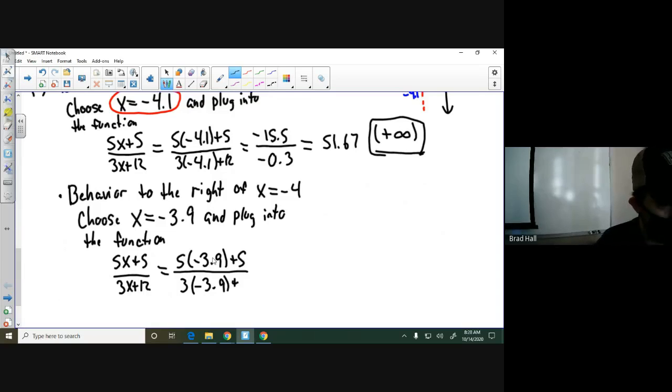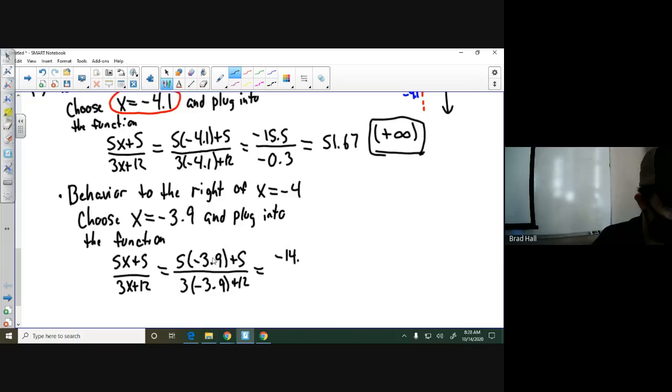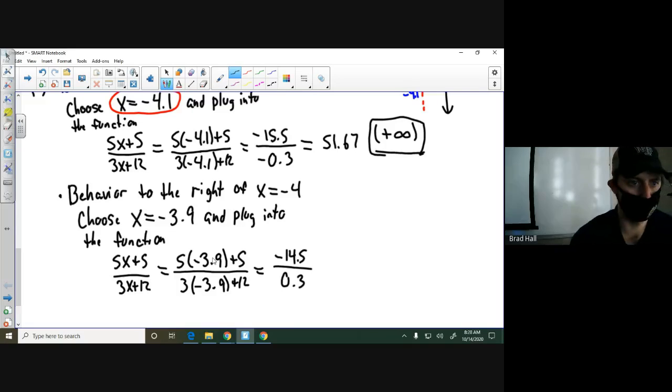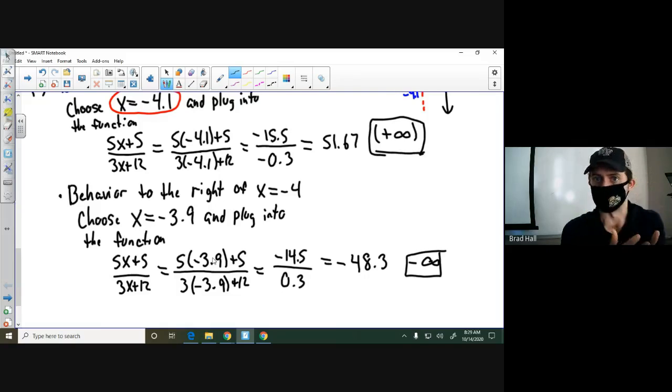Let's see what we get. And so from here, we seem to get a larger negative value, which means we would have negative infinity.